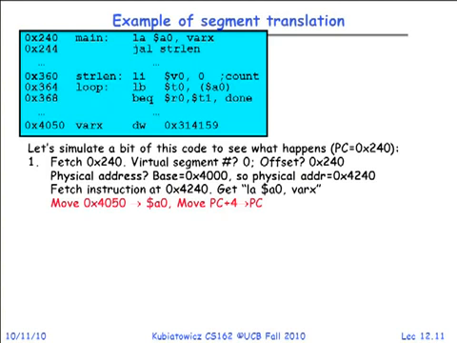So if you wanted to get the actual value of that variable, you have to translate it. Notice all this is LA, load address. When we actually try to use it, we're going to have to go through the translation process. But for now, A0 actually has the value 4050 in it.